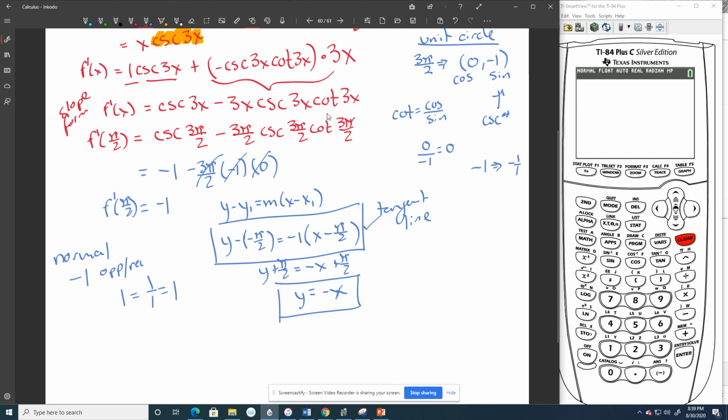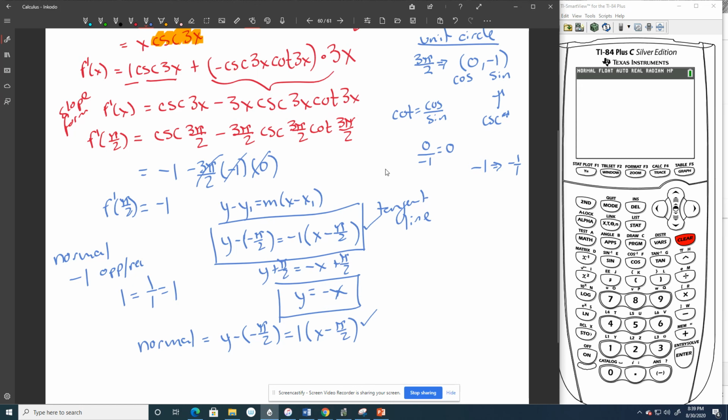So the only thing that changes in this formula for my normal line is y minus negative pi halves equals, instead of a -1, I get 1, x minus pi halves. My slope, instead of being -1, just changes to +1. And then you're welcome to simplify that beyond, but for me, that's a great answer.